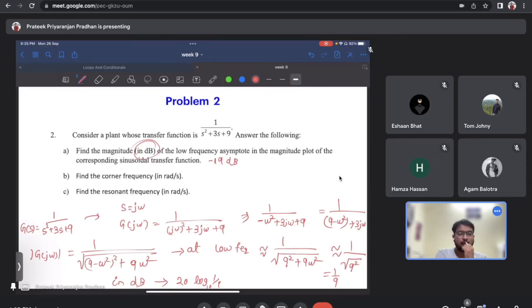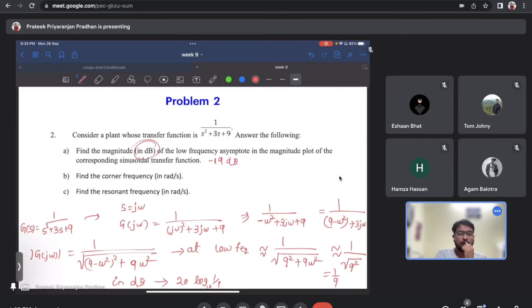So quickly tell me, what's the corner frequency? The intersection of low frequency and high frequency? Very good, 3. You must not forget the unit. It's omega c equal to 3 radian per second.